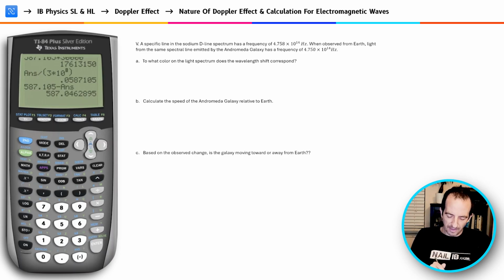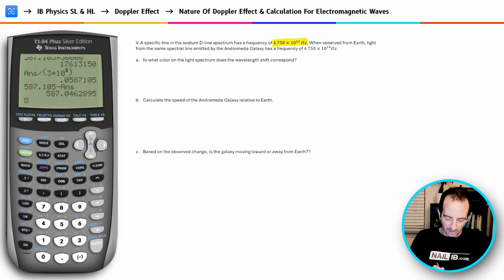So if you notice, they're telling us that the emitted electromagnetic wave has the frequency which I just highlighted. But when observed from Earth, what happens? It's a little bit less, right?